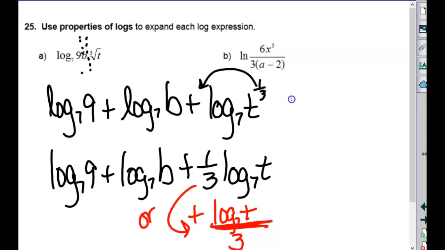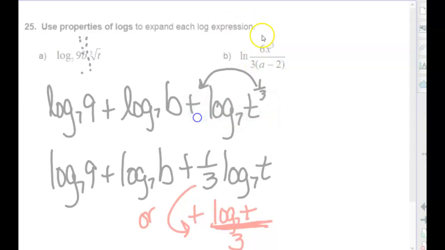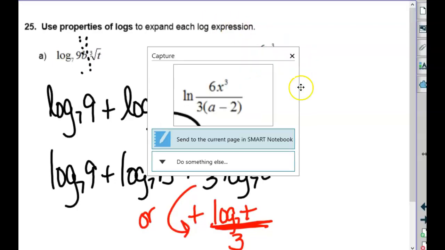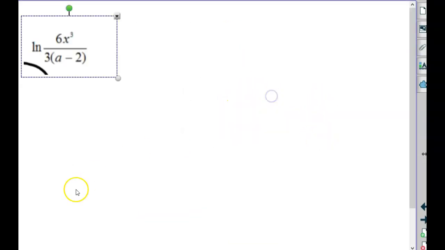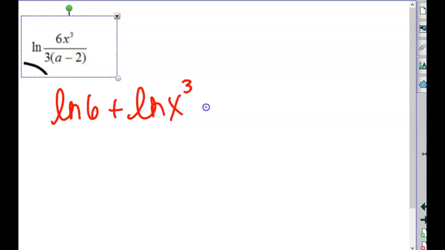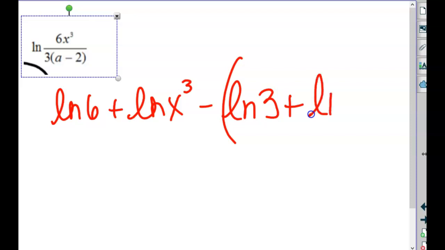All right. Remember, when you have more than one thing in the denominator, they both are minus. So this one is going to be a lot of steps, and I don't have much room. Maybe I can put it on the next page. So this would be ln of 6 plus ln of x cubed, which I'm going to have to move, and then it's minus ln of 3. All of this is in the denominator. If you want to say it's plus, you would need parentheses, ln of the quantity a minus 2.